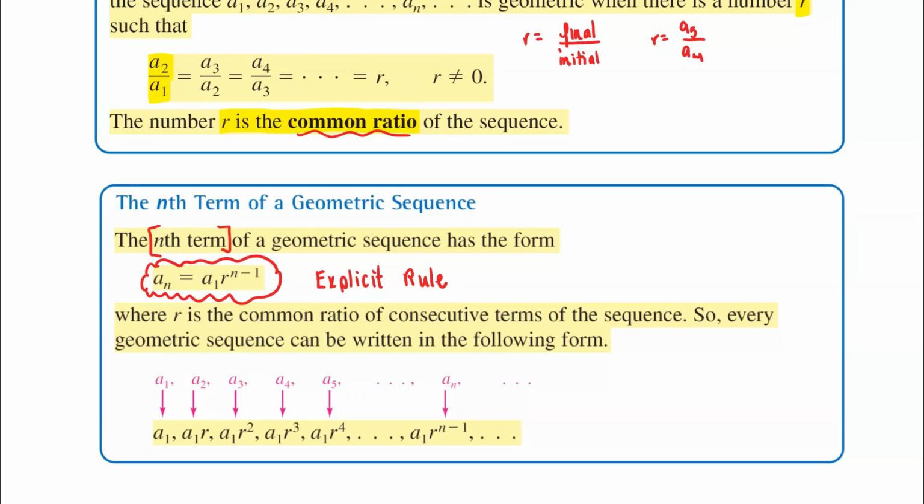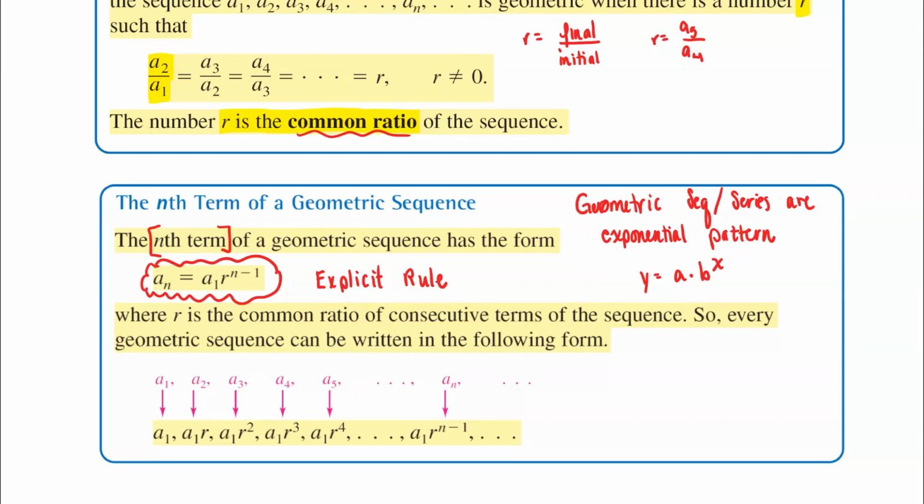Okay. Geometric sequences and series exhibit exponential patterns. And so if you recall what an exponential pattern looks like for the formula, we would do y equals a times b to the x power.